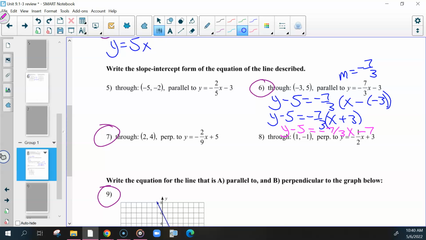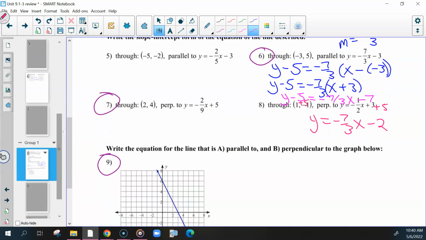And if I add 5 to both sides, I would get 12. So this is the answer to 6, not 8. I'm sorry. That was positive. It's negative. So this would be negative 2. So y equals negative 7 over 3x minus 2. It's parallel. They have the same slope, but different y-intercepts.